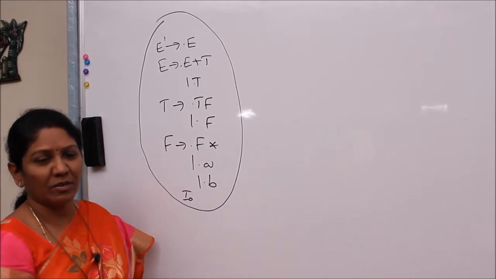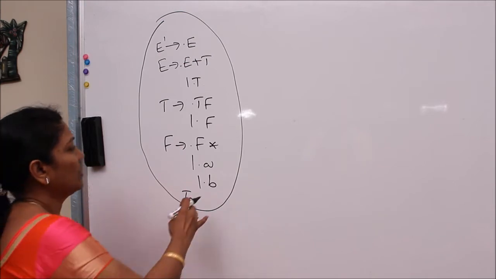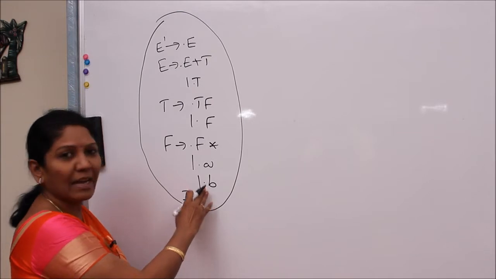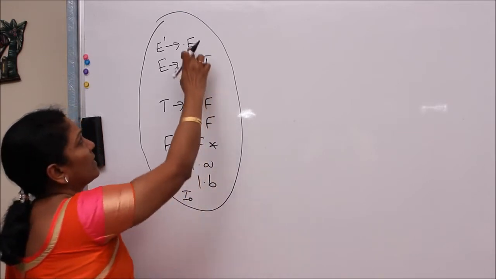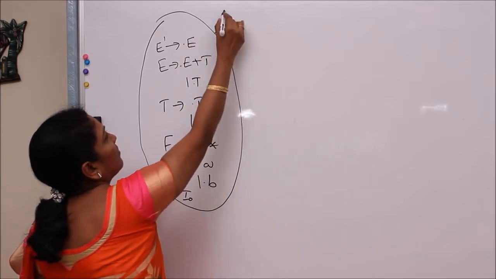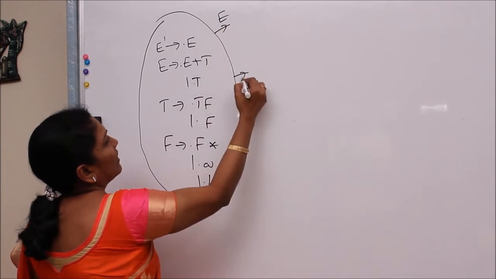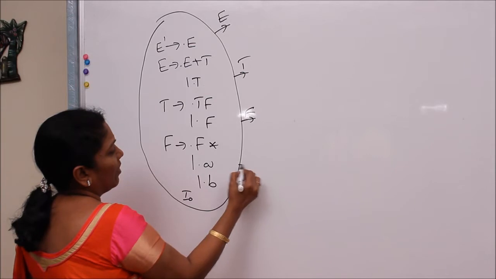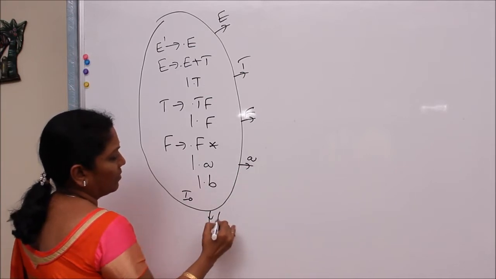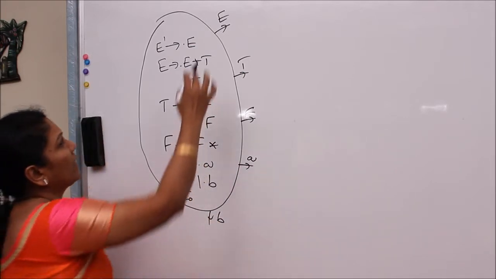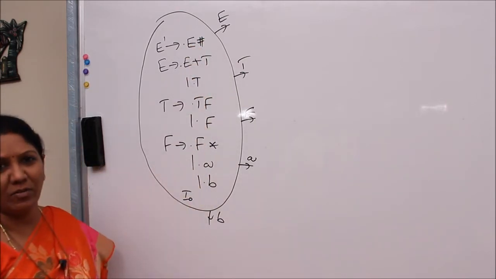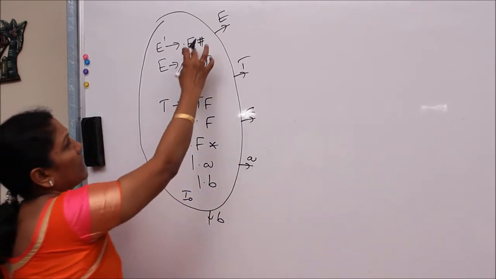Now what are the possible transitions on different grammar symbols here? In any state, the possible transitions are on whichever grammar symbol you have next to the dot. For example, here it is on E, next on T, on F, and on A, and on B. So if you look at E, let's have the end marker also along with it, because it is an augmented rule.